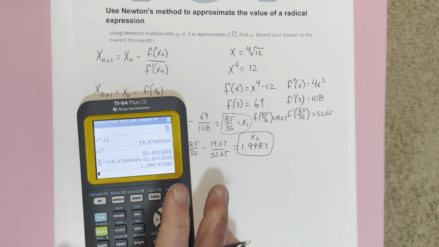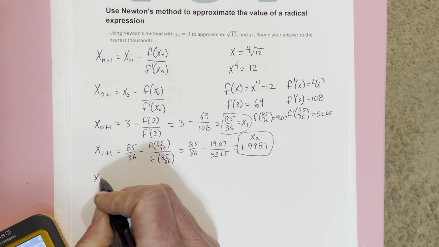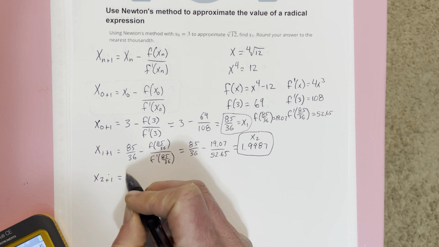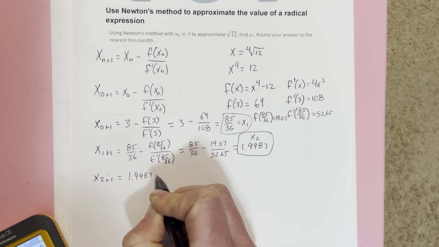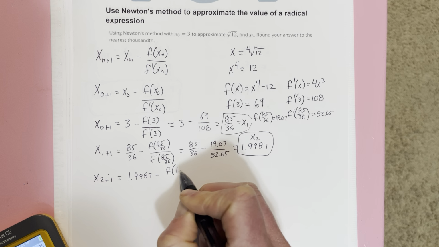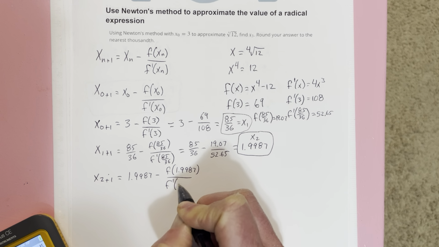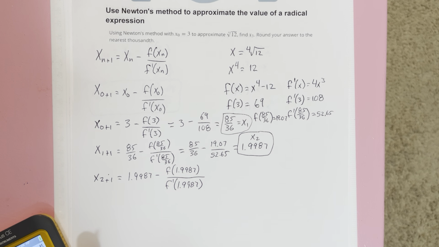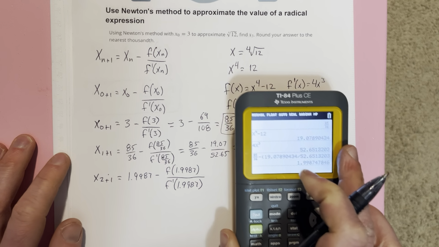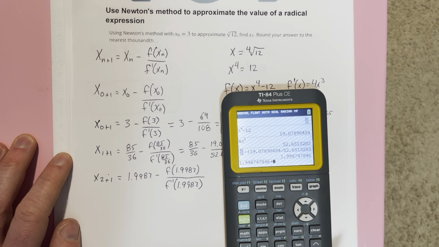Okay, now we're going to go for x sub 3. I'm probably going to do most of this in the calculator because the numbers are getting nasty. But x sub 3 will equal x sub 2, which is 1.9987, minus f of 1.9987 over f prime of 1.9987. Now I'm going to do a lot of this work in the calculator. So we're going to store this number as x.